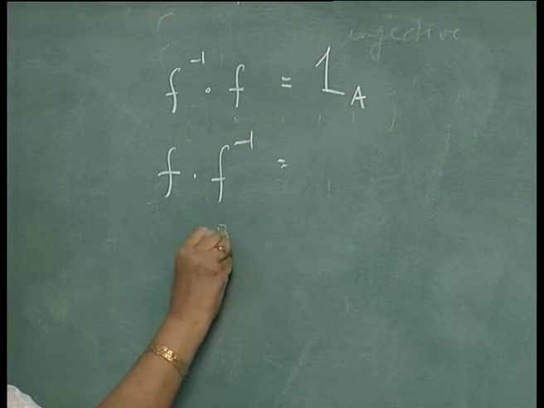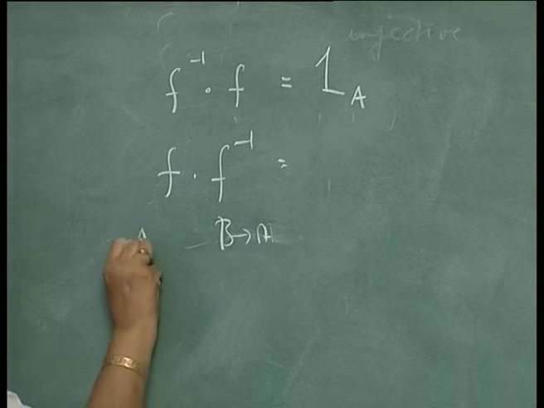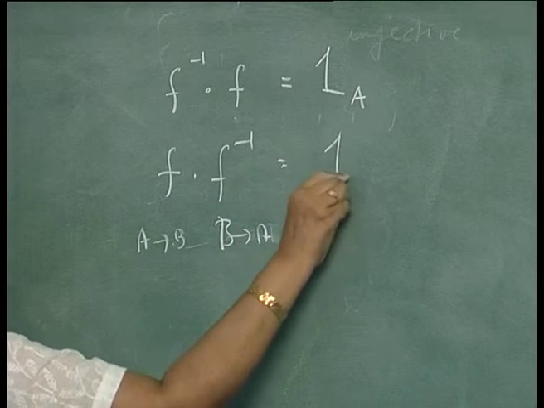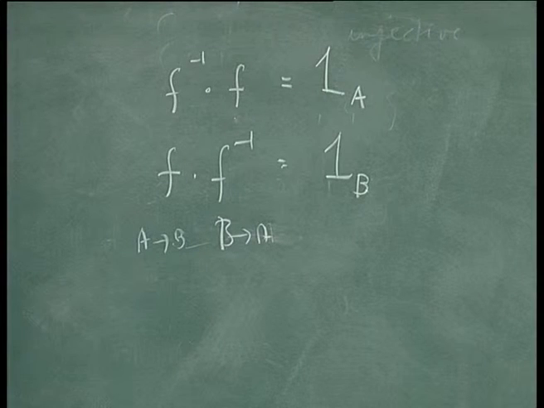This is from B to A, this is from B to A and this is from A to B. So, f dot f inverse will be the identity function, but now it will be on a different set B.